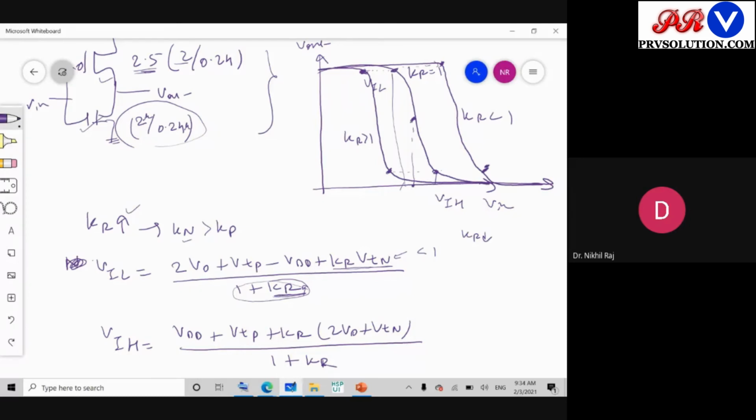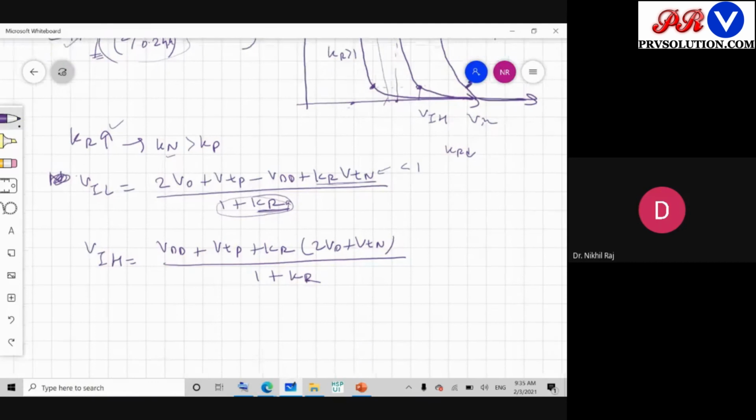Okay. Now, changing of KR means what? Changing of device dimension. Changing of device dimension means you are changing the VTC characteristic of the inverter. So this VTC characteristic is now a function of device dimension, and we know the threshold voltage is fixed. Since the VTC is changing, which parameter will be affected?